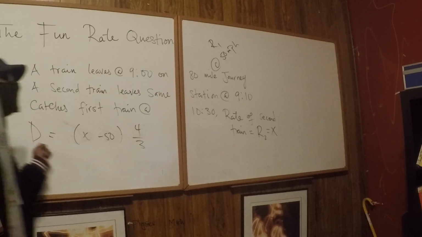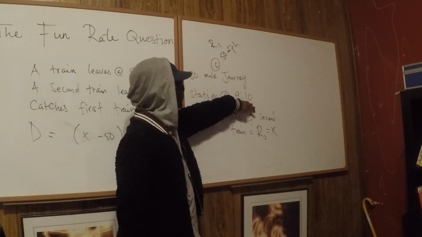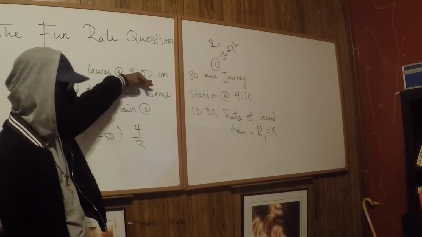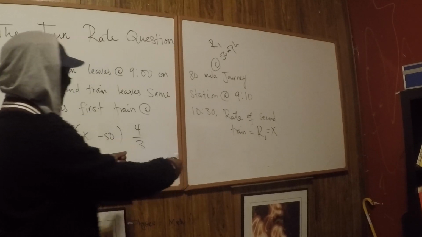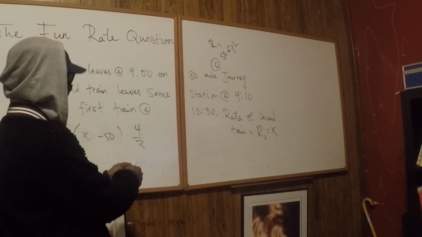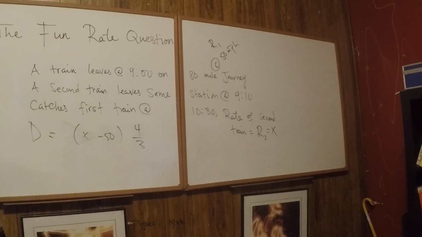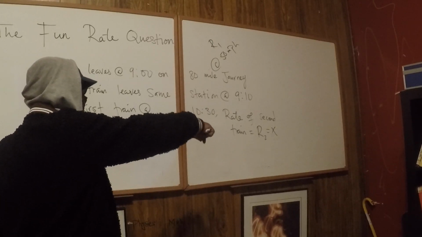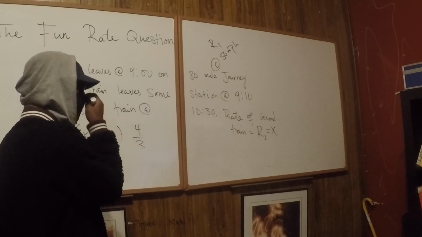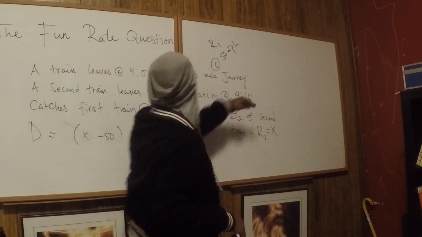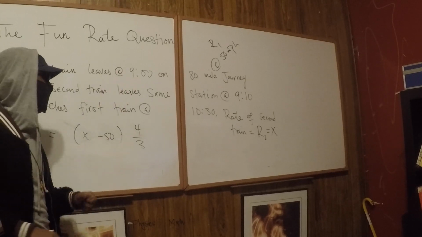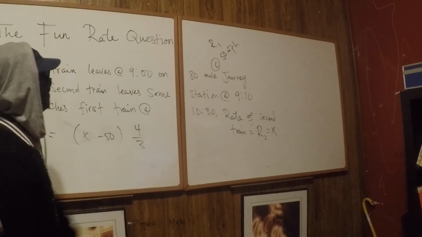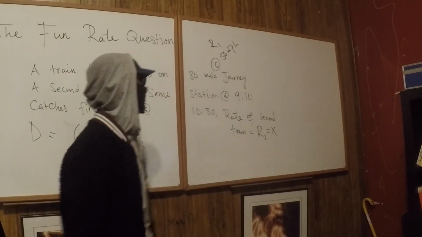Now finally, to figure out what D is, since the second train left at 9:10 and the first train left at 9, D must be the gap between the two trains that we closed, right? Since we've subtracted the rates, we want to subtract from the onset the existing gap between the two trains. Since the difference between 9:10 and 9 is 10 minutes, the gap between the two trains at the onset has to be the amount that the first train traveled in 10 minutes.